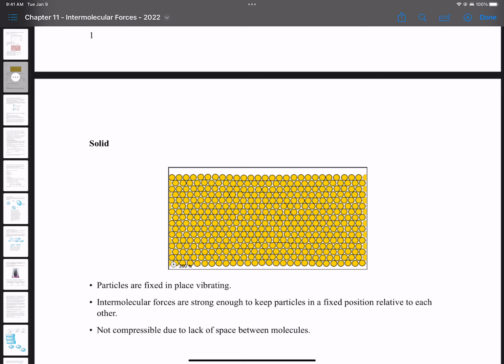The intermolecular forces are strong enough to keep the particles in a relatively fixed position to one another. So solids basically cannot be compressed, and that's because of the lack of space between the molecules themselves.